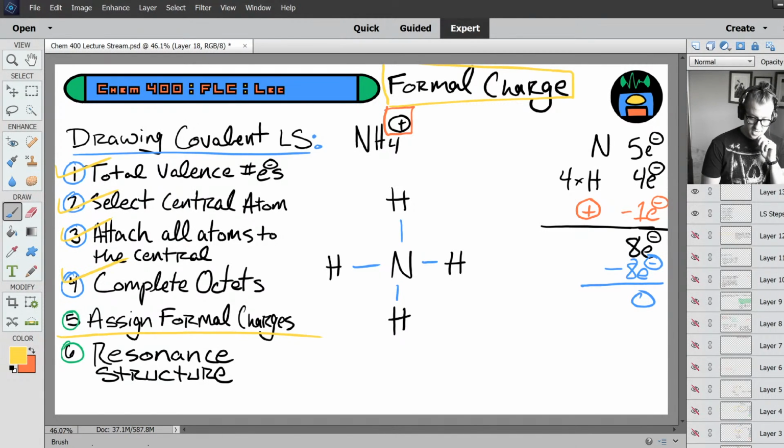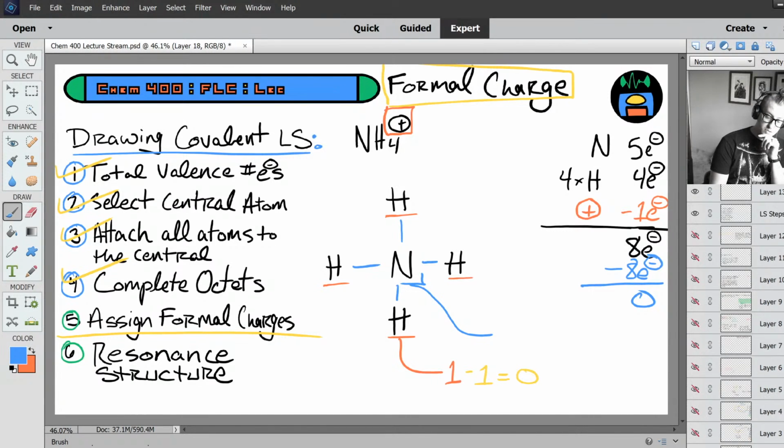Now let's assign formal charges. Looking at hydrogen, when hydrogen is neutral, it has 1 valence electron. In this structure, it has 1 bond and 0 lone pairs, and we know when we calculate formal charges, you count 1 electron per bond. So 1 minus 1 is 0. Hydrogen has a formal charge of 0, and every hydrogen in this molecule will come out with a formal charge of 0. Let's take a look at nitrogen.